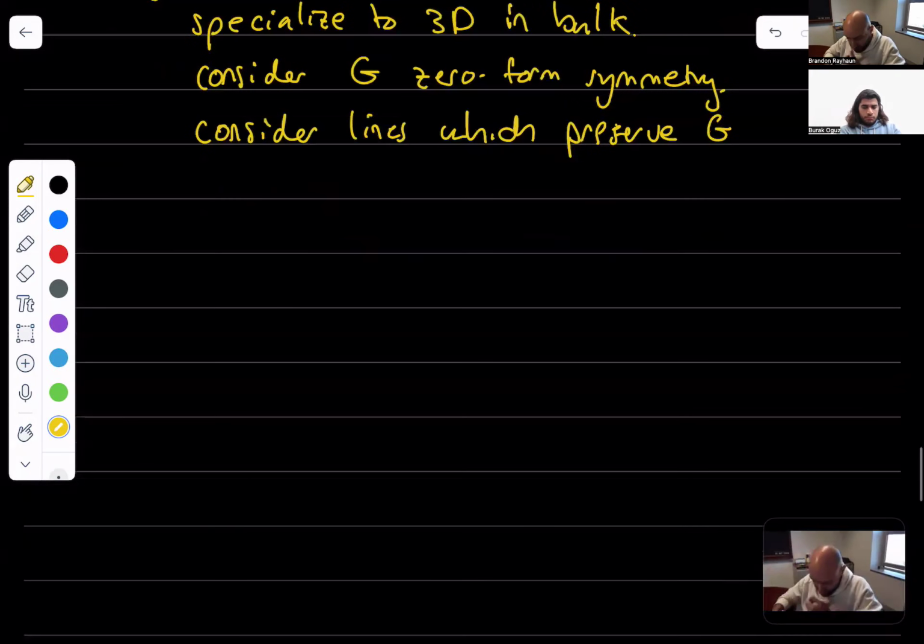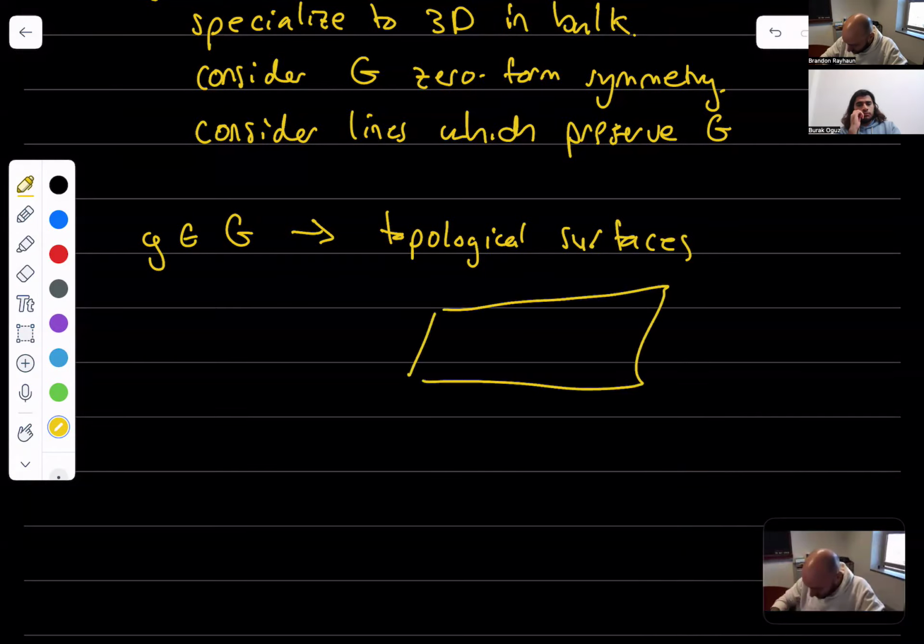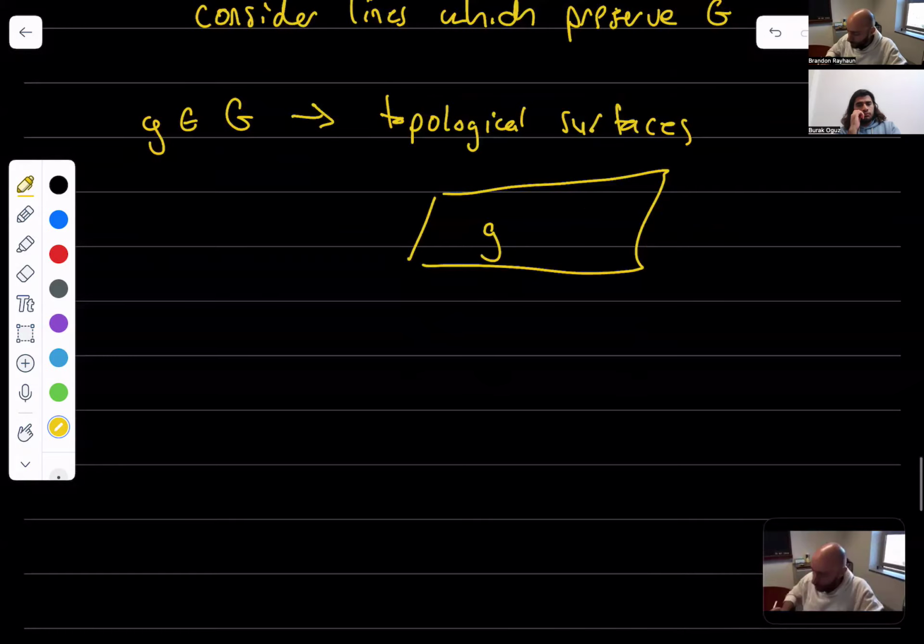So the modern way of formulating a zero-form symmetry is that the elements of the group define topological, in this case, since we're in 3 dimensions, topological surfaces. In general, it'd be a codimension 1 topological defect. Topological surfaces that one might write like this.